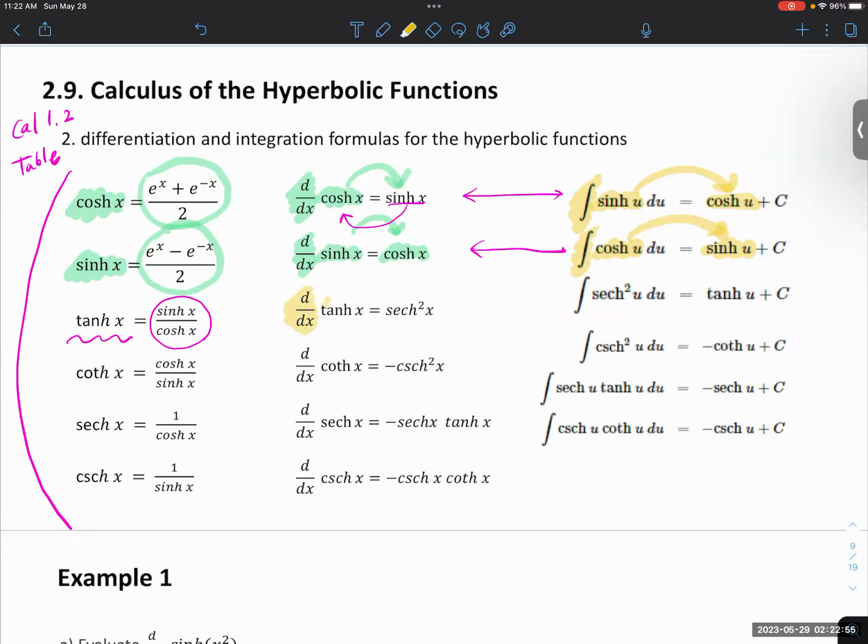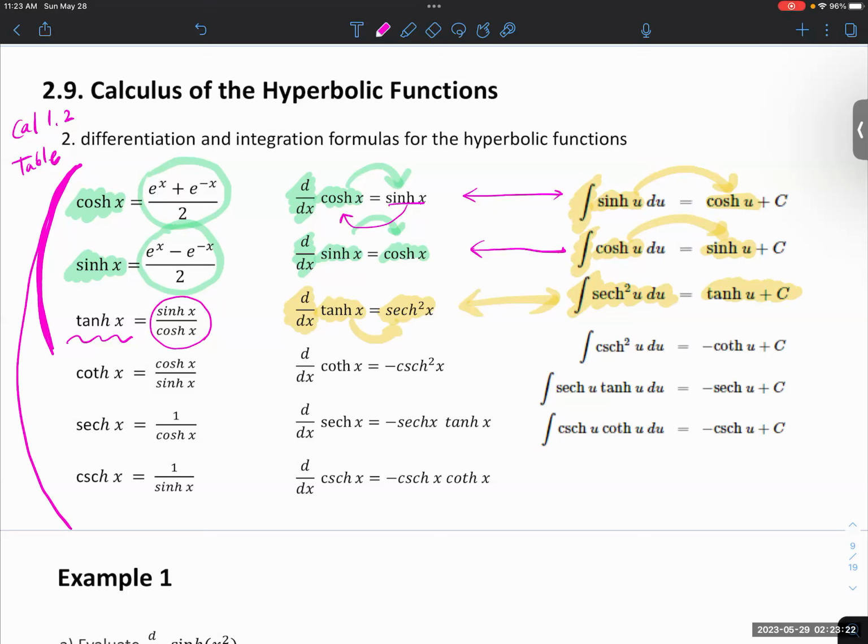The derivative of hyperbolic tangent, you will get hyperbolic secant squared x. And then the opposite is the integral, so you will get back the tangent. So these are not complicated formulas. It's very understandable. So we're going to utilize cosh, sinh, and tanh in section 2.9 in calculus 2.